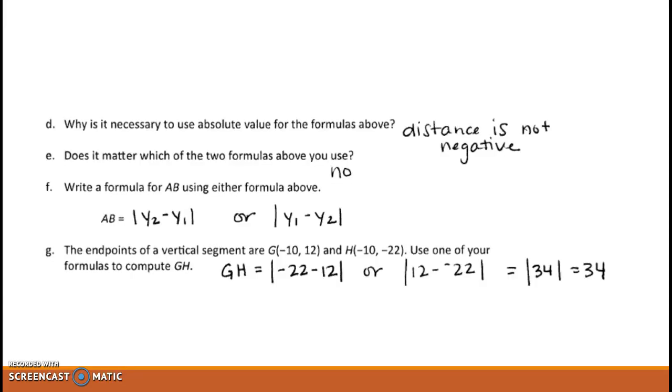So the reason why we use absolute value is because distance is not negative. So for example, in part G, I notice that my y1 is 12 and my y2 is -22. It doesn't matter the order that I subtract those to find the length.